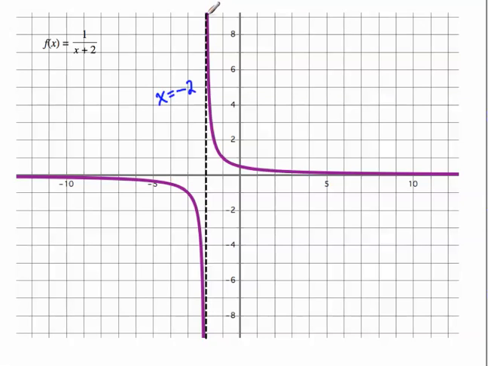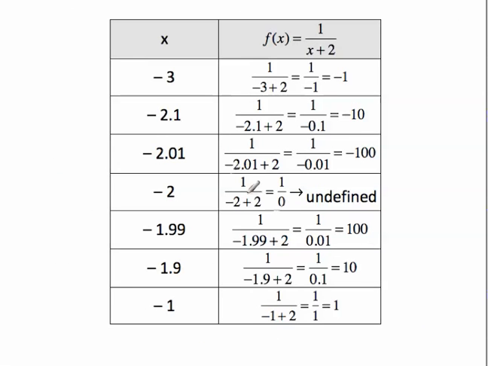And as you can see here, imagine there's an arrow on the end of the function. The function is going to get infinitely close to it, but it will never touch the line x is equal to negative 2. Let's take a look at a table of values to see why that's the case. On this table of values, I've included values for x that are close to and on both sides of negative 2, and a value that makes the denominator 0.